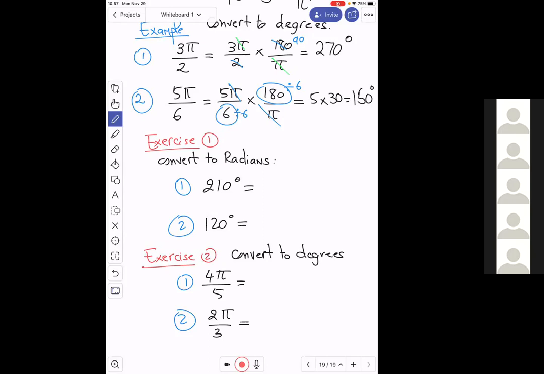When you convert, the goal is to reduce a fraction. It's just reducing fractions.